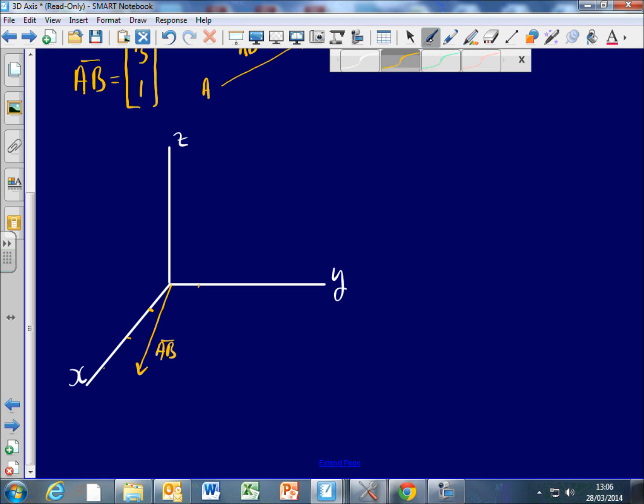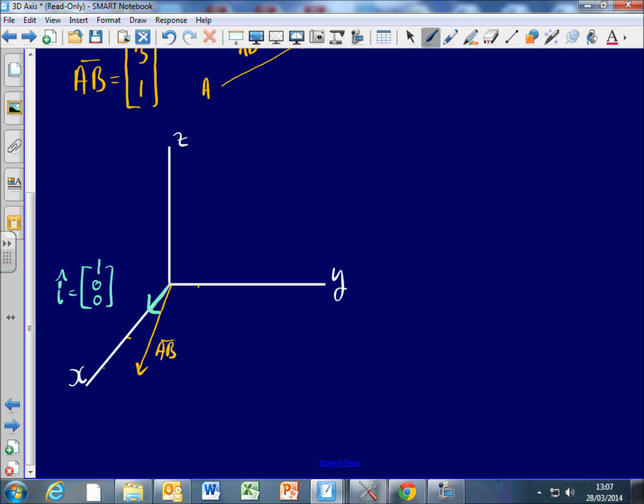We also have some special vectors. If I have a vector that's got just a length of 1 unit in the X direction, I could write that as (1, 0, 0). What do we call that? Can anyone remember? I. So a unit vector in the X direction we call i, and I'll put a little hat on it like that to show it's a vector.